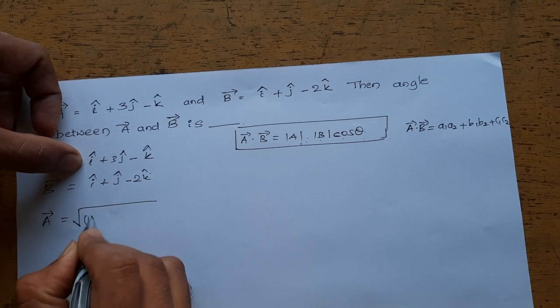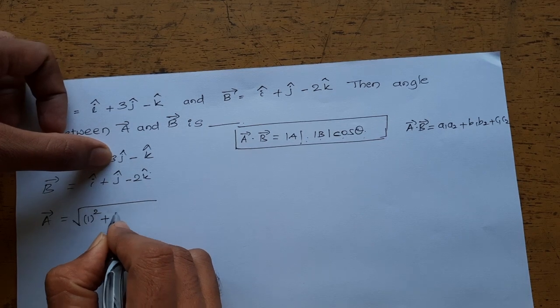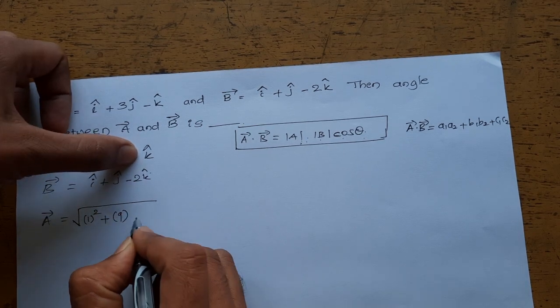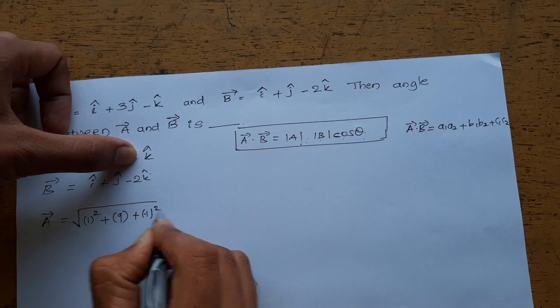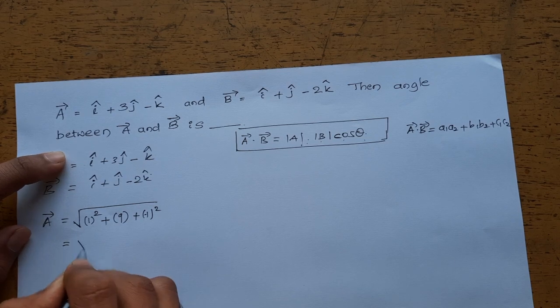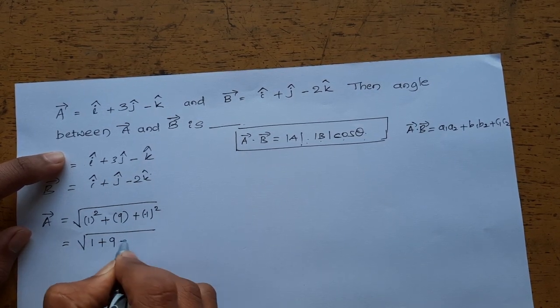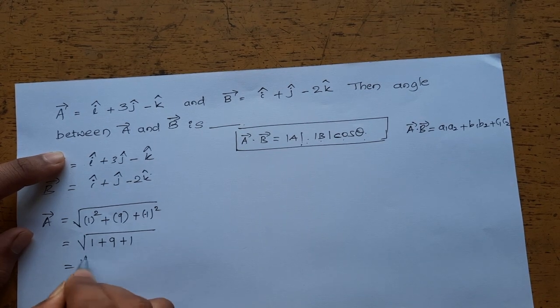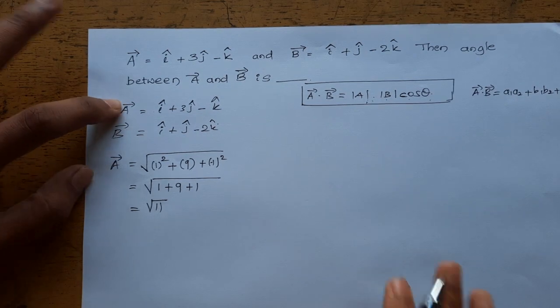So write 1, make its square, plus here it is 3, make its square, 9. Here it is minus 1, make its square. This entire thing is the magnitude of a. Under root, 1 square is 1, plus 9, minus 1 square is also plus 1. Therefore, here we are getting root 11. Root 11 is the magnitude of vector a.